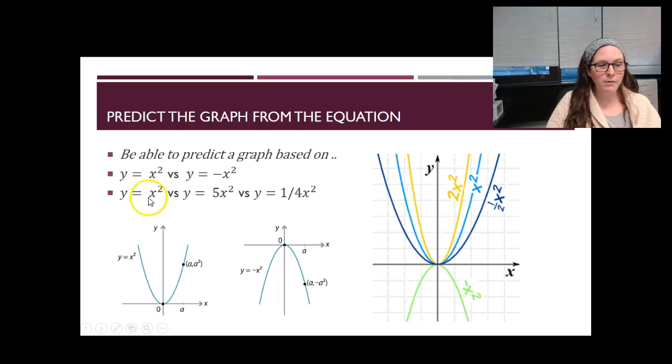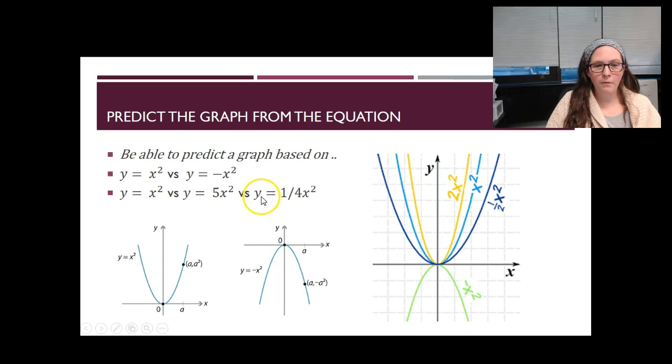Additionally, you should also know the difference between a graph that, say, has a y equals just plain x squared, that's our parent function again, that's that light blue line right there, versus one that might be, say, y equals a 5x squared. You'll notice in our graph here they use the example of 2x squared, and we see that the pitch, if you will, of that parabola gets tighter. It moves it closer to the y-axis.